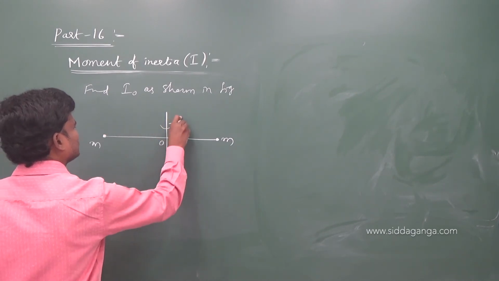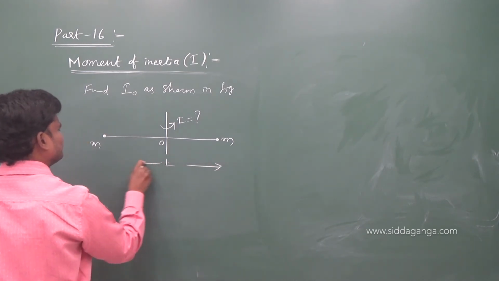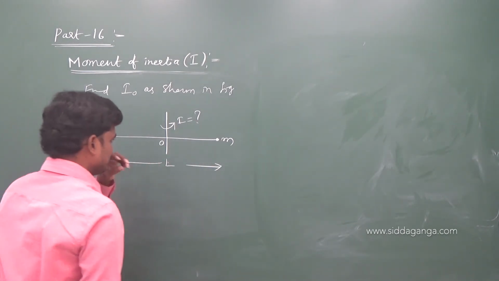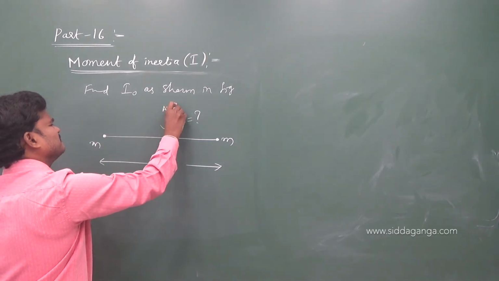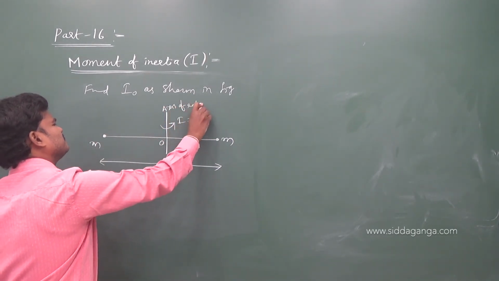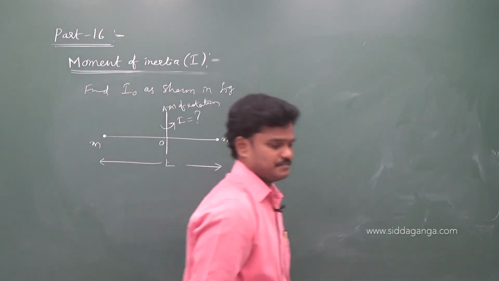They are asking this distance is L. Do it fast. Simple question. These two particles are rotating about this axis of rotation. What is this? Axis of rotation. Do it fast.